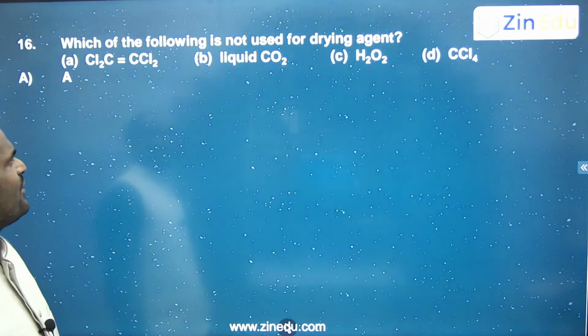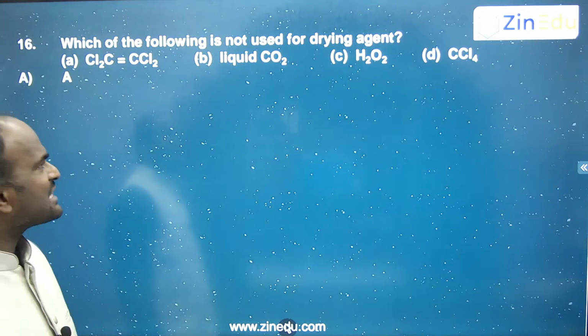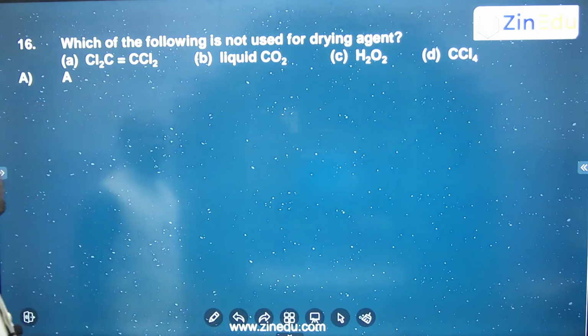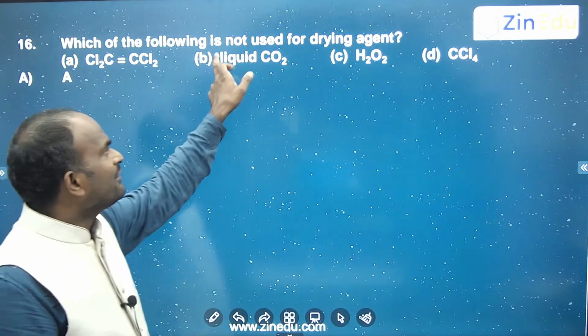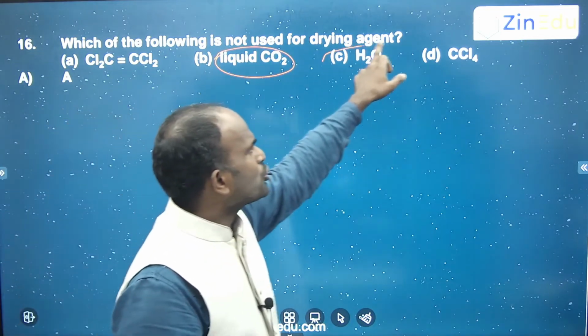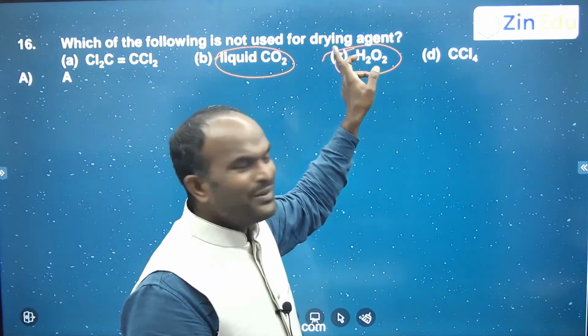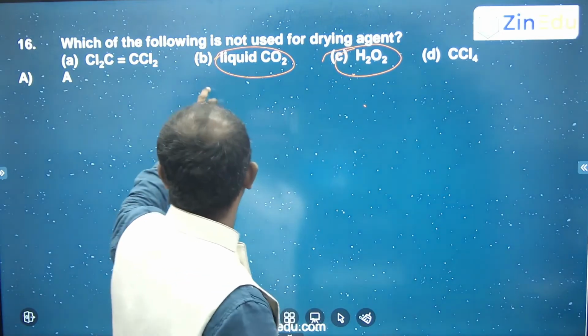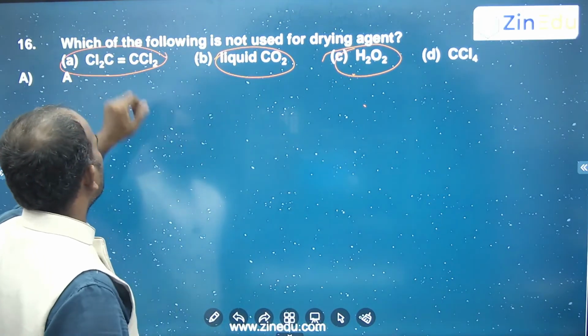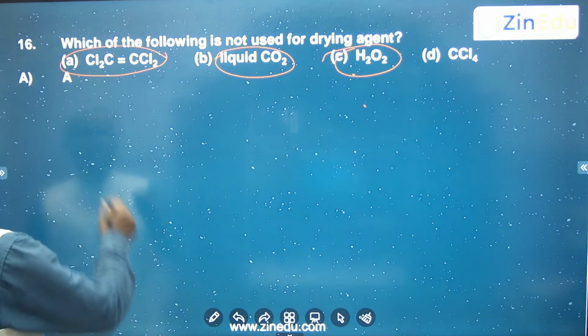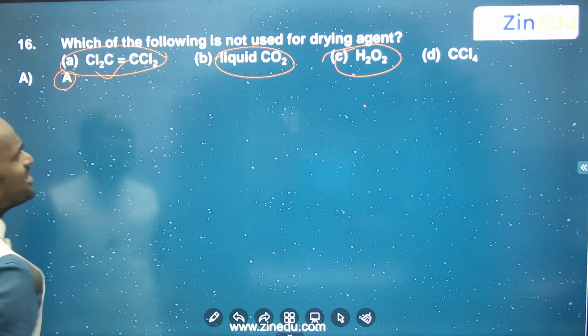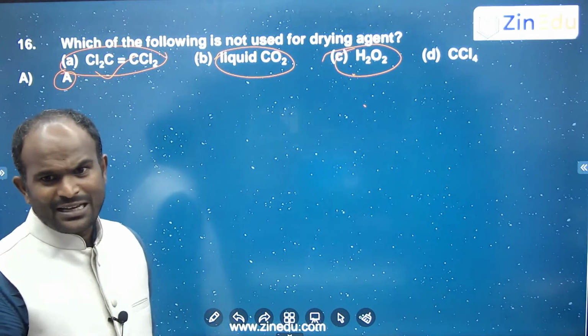Next, which of the following is not used as a drying agent? Liquid carbon dioxide, acid, H2O2, so it can be used as a drying agent. And when it comes to CCl2=CCl2, it is never used as a drying agent, right?